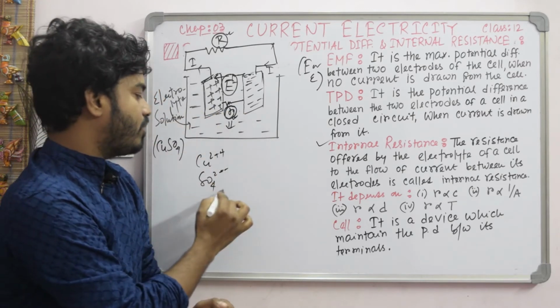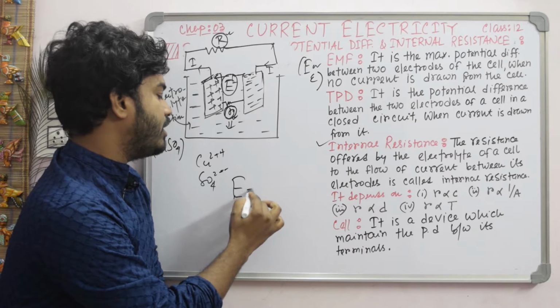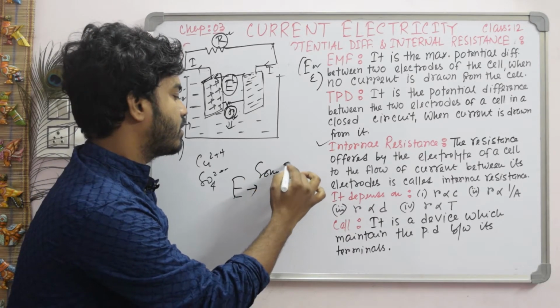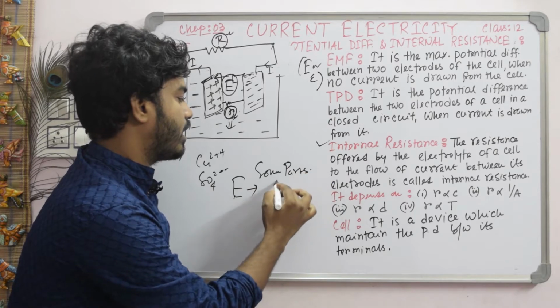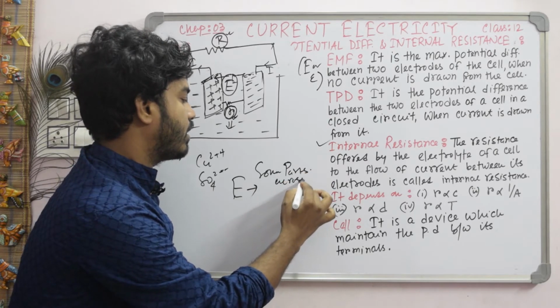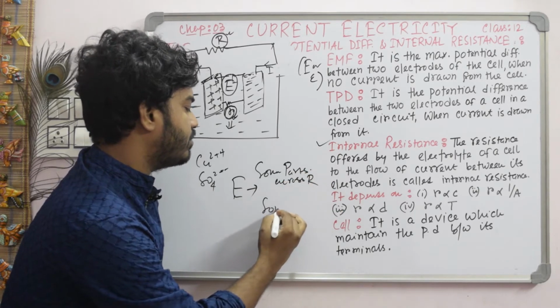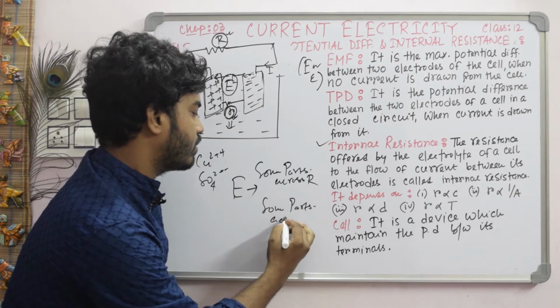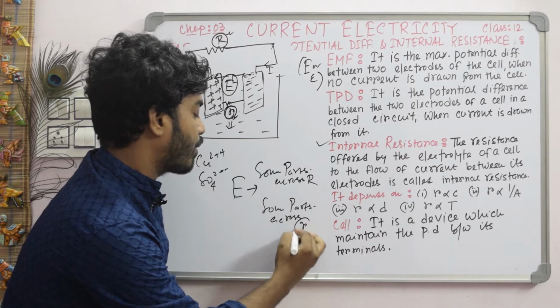So E is divided in two parts, some across capital R and some across small r.